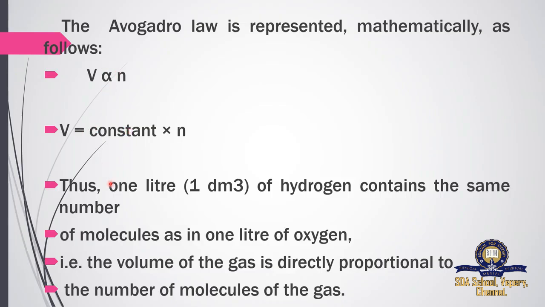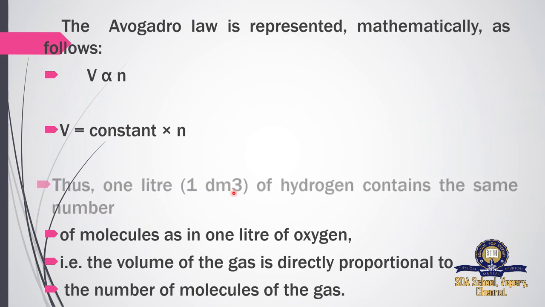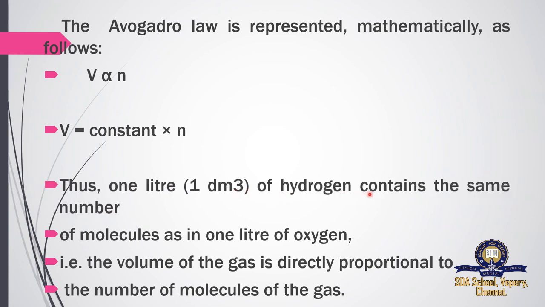Thus 1 liter, that is 1 decimeter cube, which is nothing but 1000 ml of hydrogen, contains the same number of molecules. This is what the Avogadro's hypothesis says: under STP conditions, there is no change in the moles of molecules, as in 1 liter of oxygen.